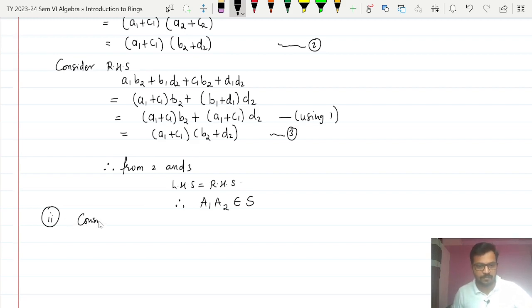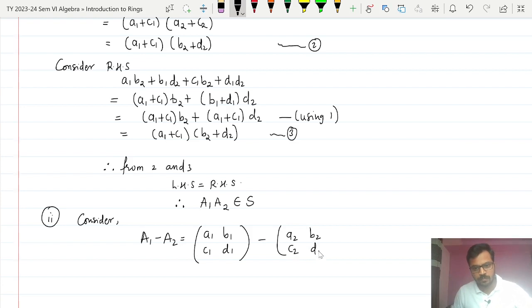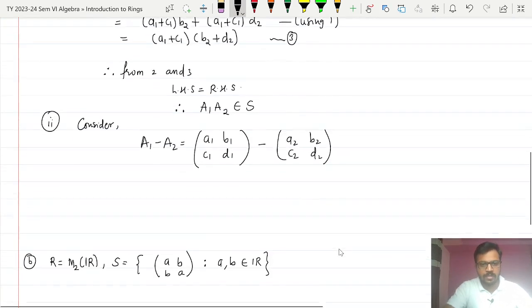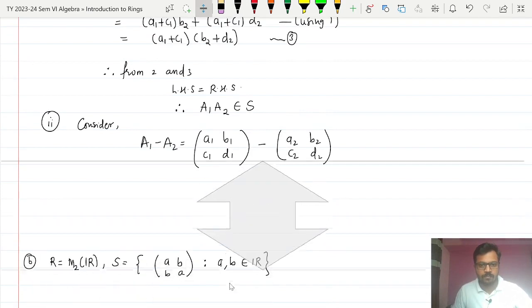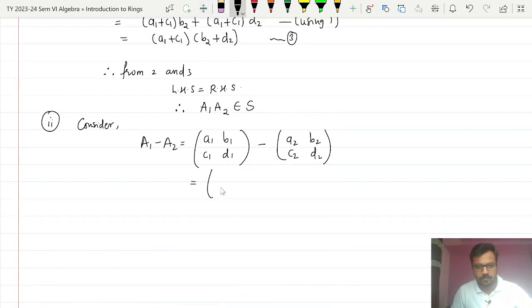So I will consider A1 minus A2 now, which is equal to, what was our value of A1? A1 B1 C1 D1 minus A2 B2 C2 D2, which is equal to A1 minus A2, B1 minus B2, C1 minus C2 and D1 minus D2.